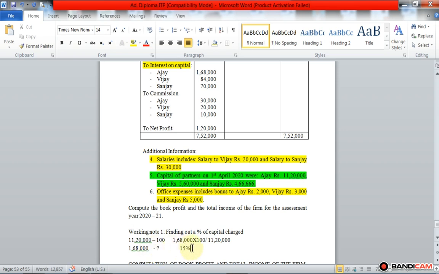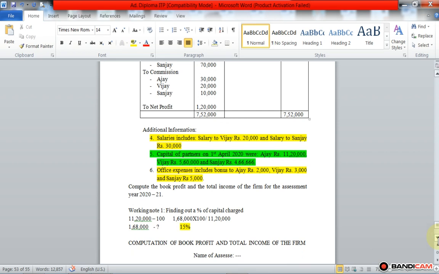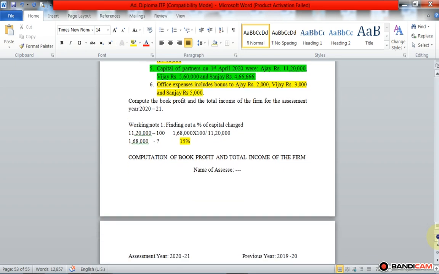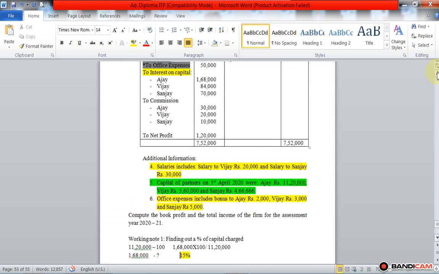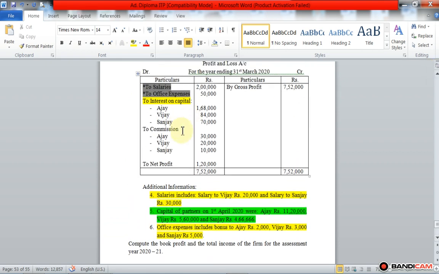Here 15% is above the 12%, so 3% is taxable. Got it? If the percentage of only one partner is computed, the same is charged on each partner, so no need to compute the individual rate of interest of each partner. So here we computed the interest on capital, then commission is also part of remuneration of partner.